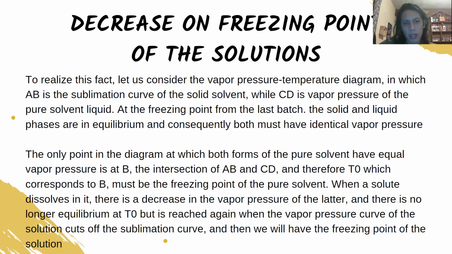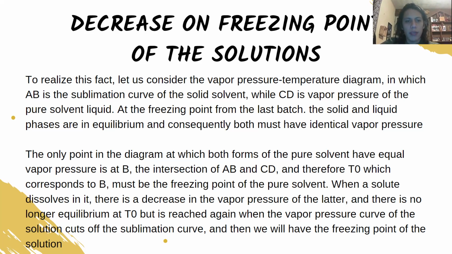The only point in the diagram at which both forms of the pure solvent have equal vapor pressure is B, the intersection of AB and CD. Therefore T0, which corresponds to B, must be the freezing point of the pure solvent.